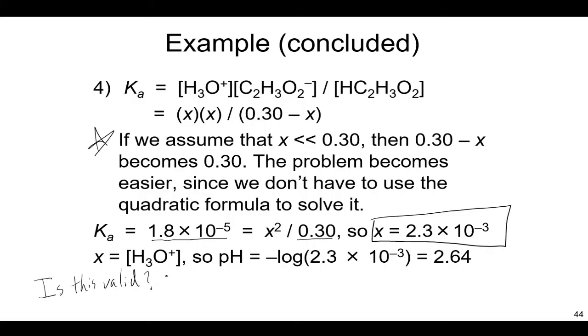And this is the question you need to ask yourself once you calculate X quite easily, right? If X is less than 5% of HA, the initial acid concentration, HA initial, then it's safe.